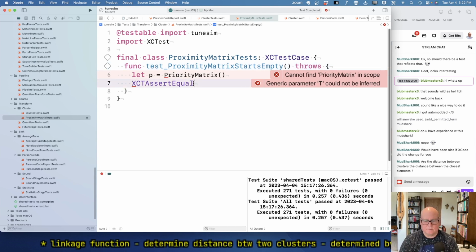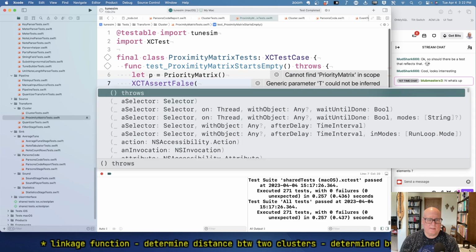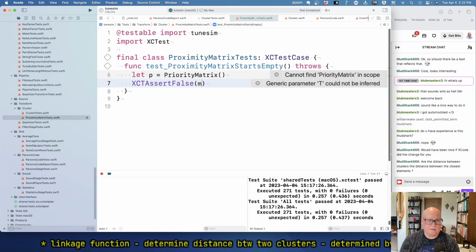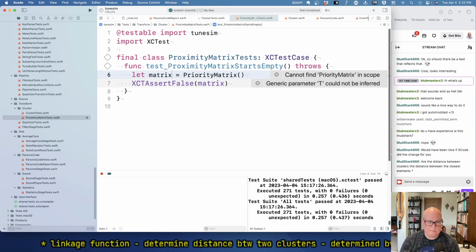Well, how about assert false? I'm going to call it matrix, not P. Matrix contains cluster dot element 3.